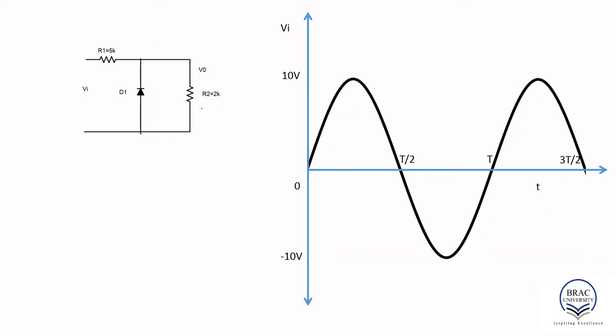We have already seen a diode connected parallel to a resistor in diode DC analysis. So we're going to analyze a diode circuit for an AC signal where the diode is connected parallel to a resistor. And Vo is the output wave shape and Vi is the input wave shape which is applied between these 2 points.